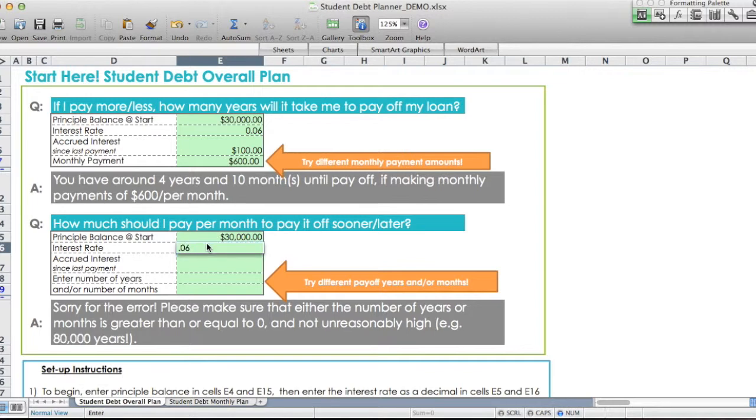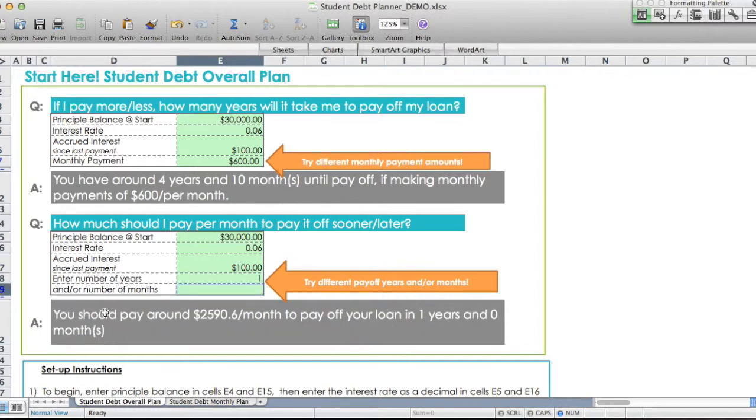So I'll enter in the principal balance, the interest rate at 6%, and the accrued interest since my last payment. And here's where you're able to enter in the number of years or the number of months that will be your constraint. So let's say that 5 years is too long for me. I want to pay this off in a year. So I'm going to enter in 1 year here. Or I could also enter in 12 months, whichever you prefer.